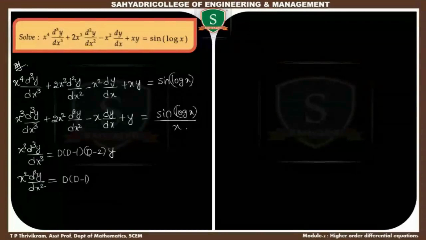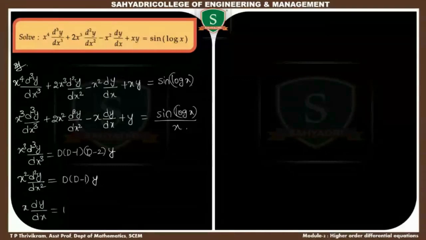x dy by dx is dy, where t is equal to log x, e power t is equal to x. So take all these substitutions and substitute it in equation 1.